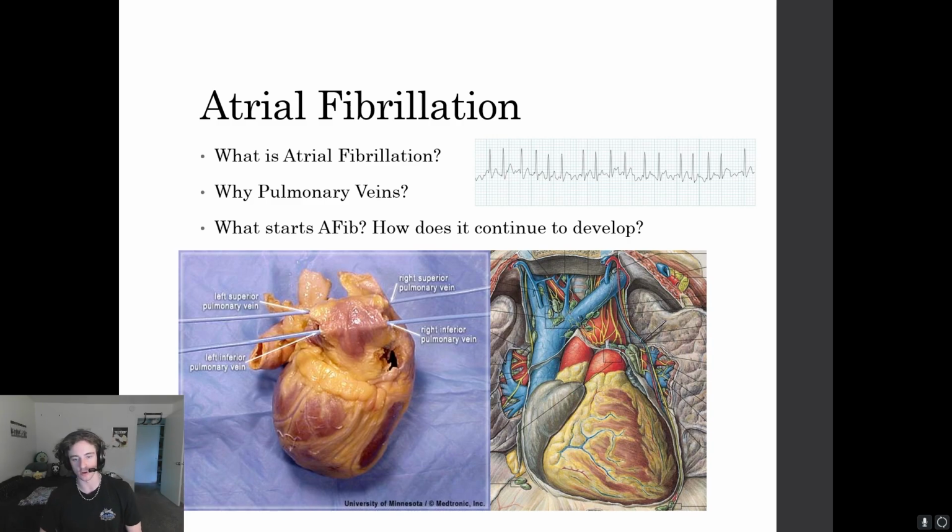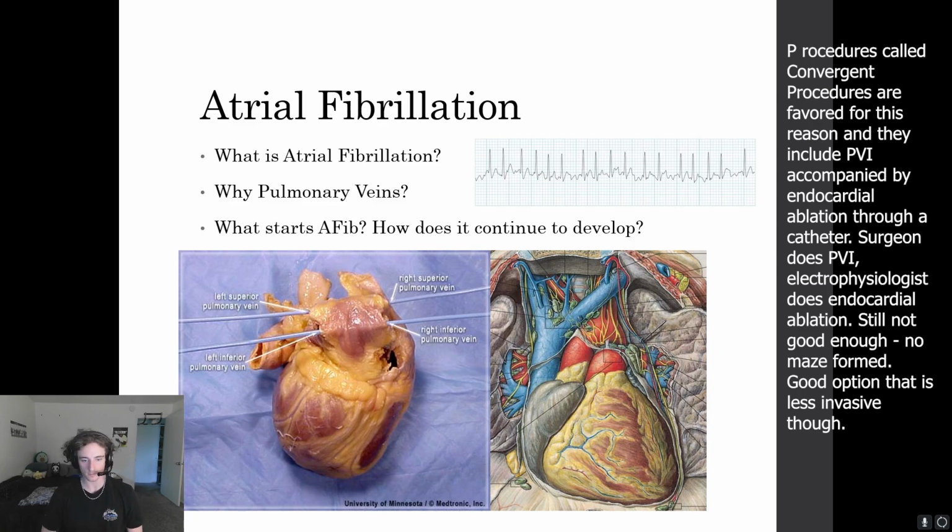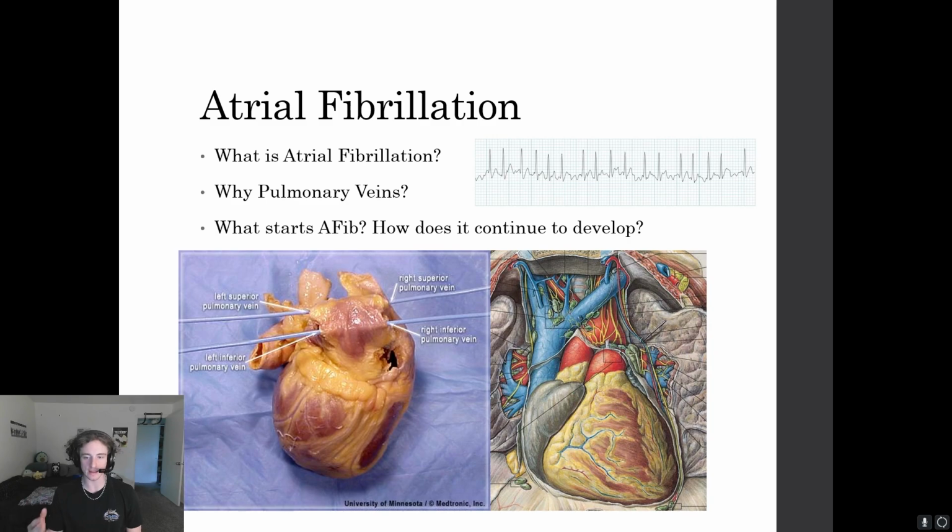It's very difficult. However, pulmonary vein isolation is much less invasive, more minimally invasive. You just go through a catheter. Normal ablation is so much less invasive, but it won't do the job.